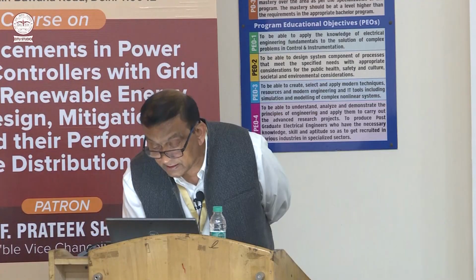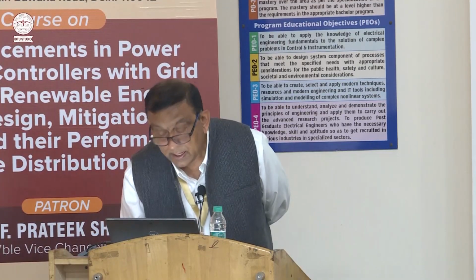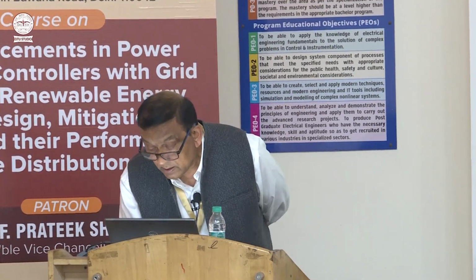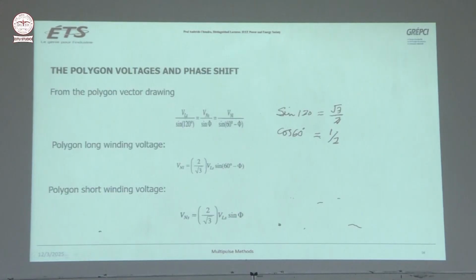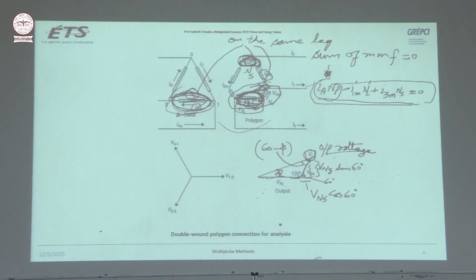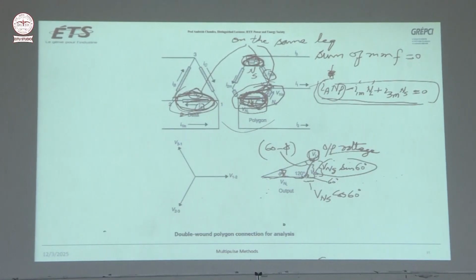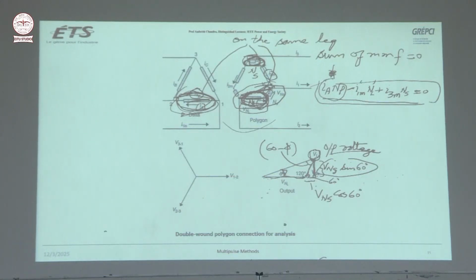So if we say this is the phi angle, you can see here, if you analyze, this is VNS sine 60, this one, and this is VNS cos 60. So if you calculate tangent of phi, so this voltage divided by this voltage, right?